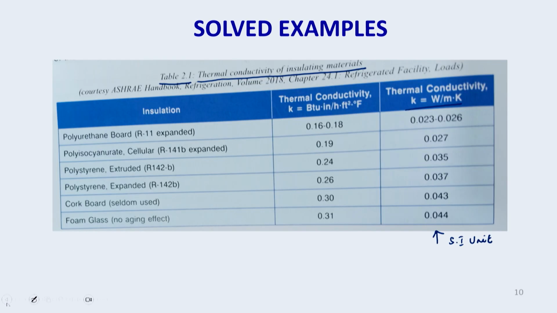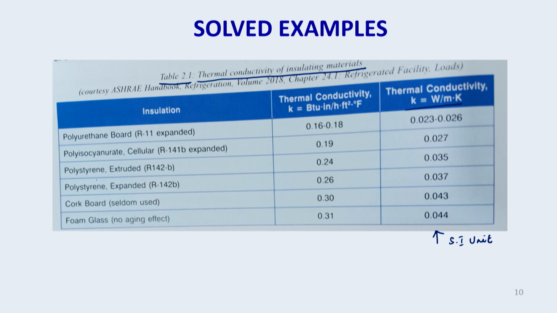I will be going to table 2.1. This is the ISHRAE cold storage design handbook; in that book, the values are taken from the ASHRAE handbook. The first one is polystyrene board, that is puff. The second one is polyisocyanurate.